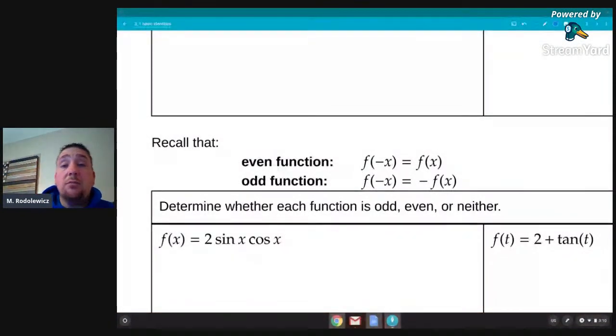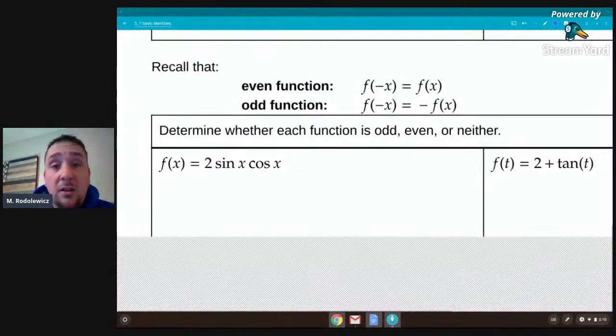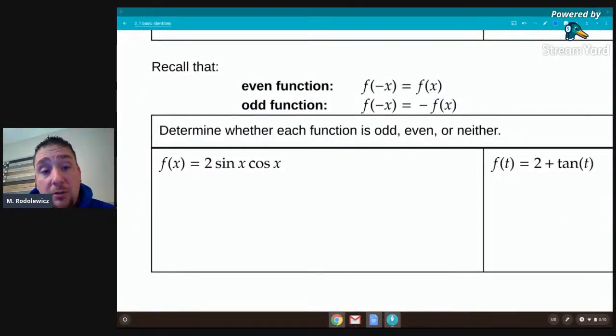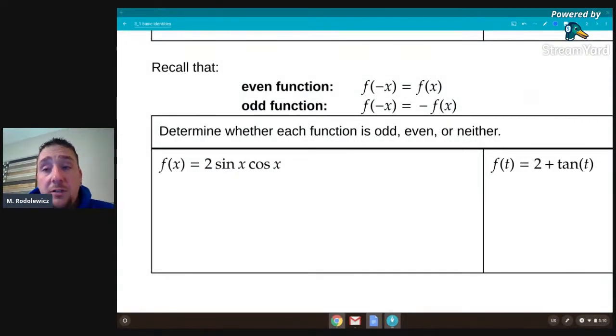We talked about that earlier this semester, and I encourage you to look back in your notes there. We're going to do a test in trigonometric functions to determine whether a function is odd, even, or neither.